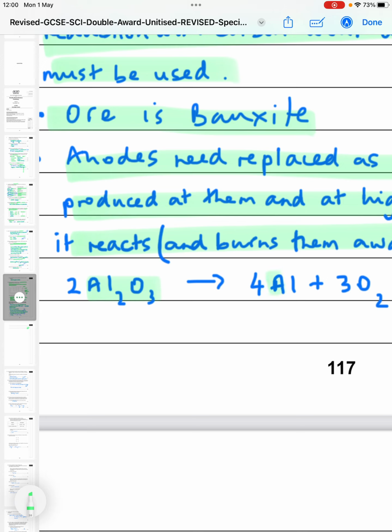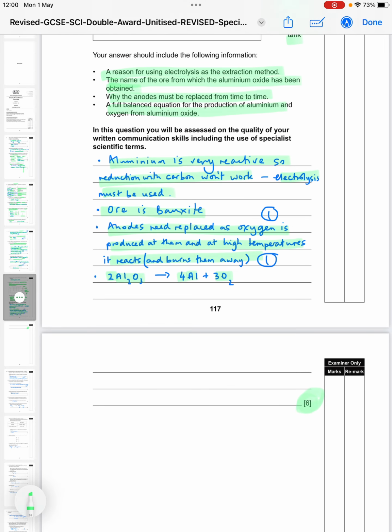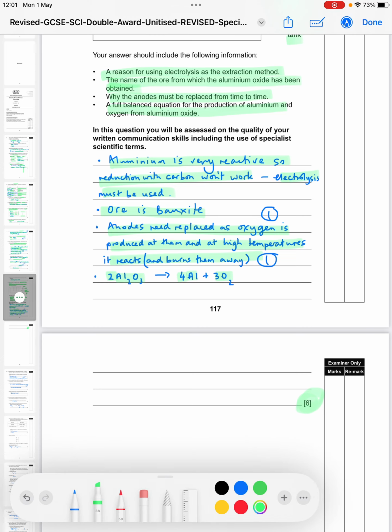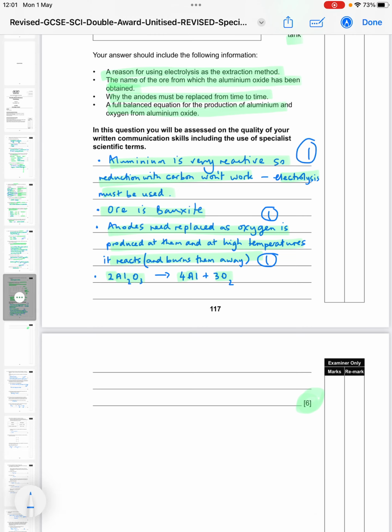And then we have the balanced equation, and you see here we've got aluminium oxide, which is Al2O3, and then we have aluminium and oxygen being produced, and the molar amounts then 2 Al2O3, 4 Al and 3 O2. Typically the way these questions are marked is like if you have, so let's see, each of these would be 1 indicative mark.